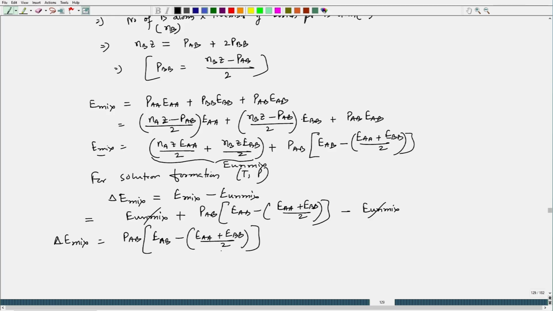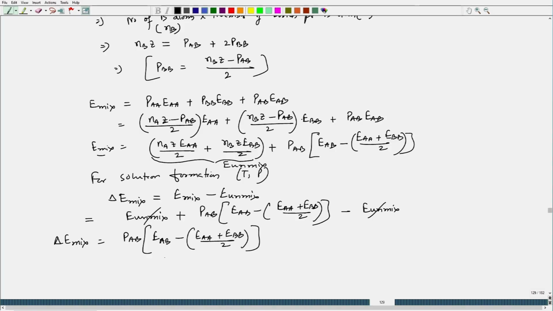Now, we see that in all the formulations we have done till now, finally we are finding the energy change, and remember, this is basically the energy change due to solution formation at a constant temperature and pressure, that is decided by the number of AB bonds and the energy difference between EAB and the total energy of EAA and EBB divided by 2.